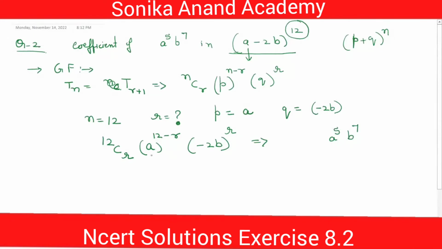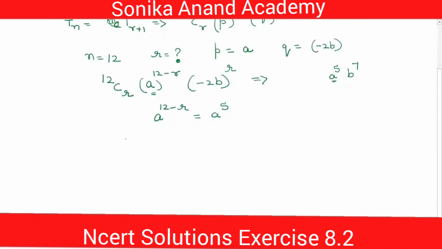Now we compare the value of a to the power 12 minus r with the value of 5, the coefficient of a. So 12 minus r is equal to 5. Don't write, sit quietly and see the screen. 12 minus 5 is equal to r. So value of r is 7.